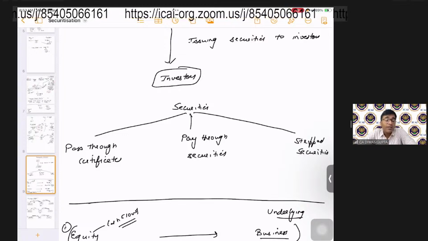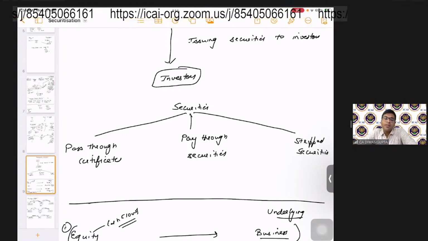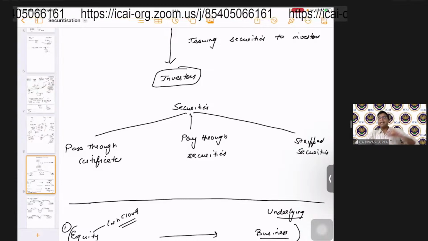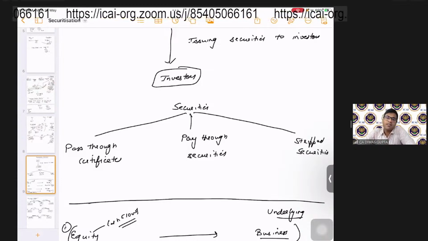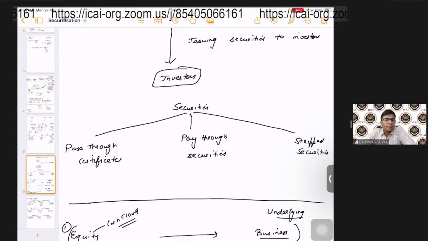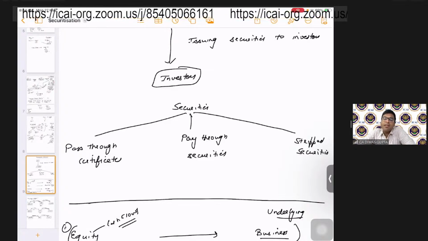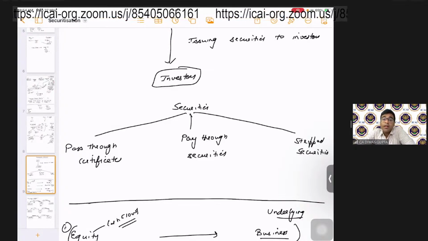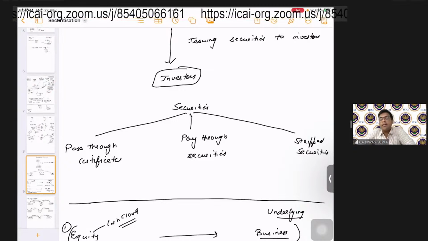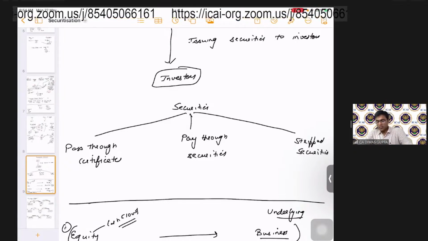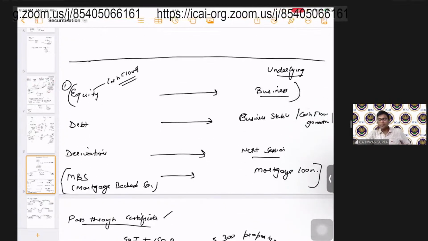Coming from the originator or the borrower. The income to the SPV will come from the originator or borrower, right? That SPV will pass it through to the investors. Pay-through securities means that securities have been issued, but they will be paid according to the terms and conditions of the securities. And there are stripped securities, which we will discuss. So let's discuss these in detail.